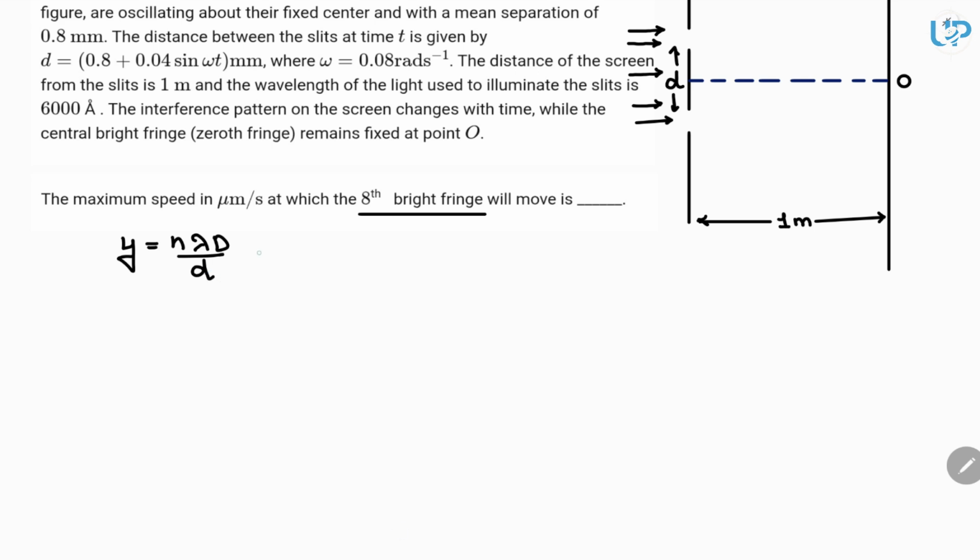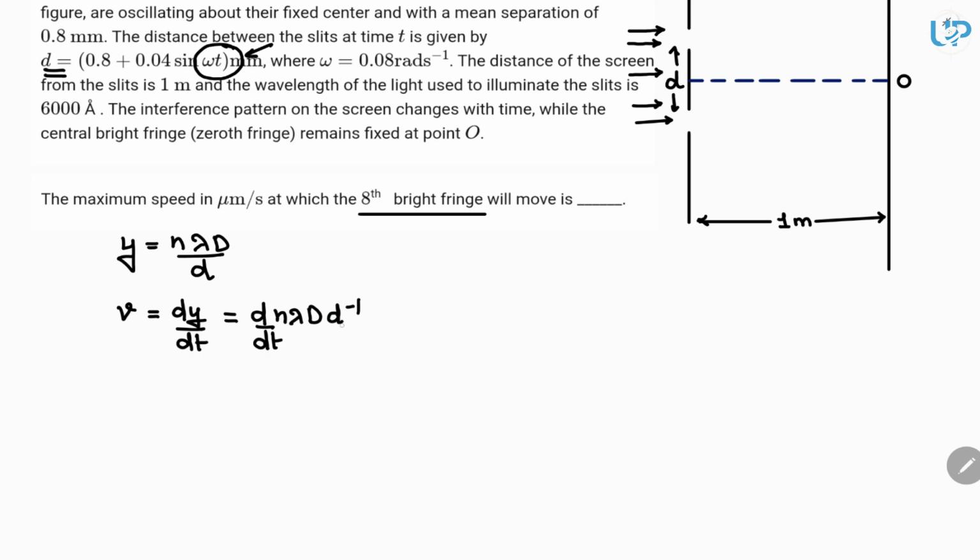To find the velocity, the position must change with time. So velocity is basically the rate of change of position, so we can find the velocity as dy by dt, isn't it? So we can differentiate d by dt of n lambda D d to the power minus 1, because small d is changing, as the question says that d is dependent on time itself.